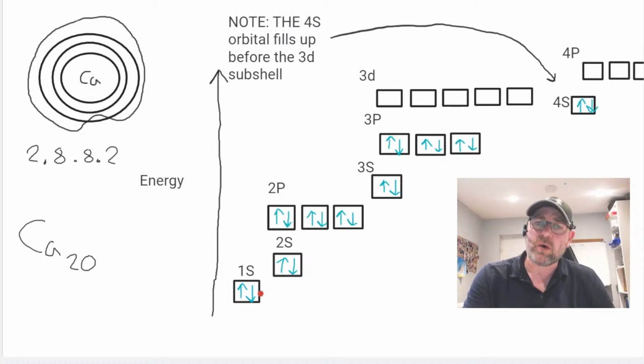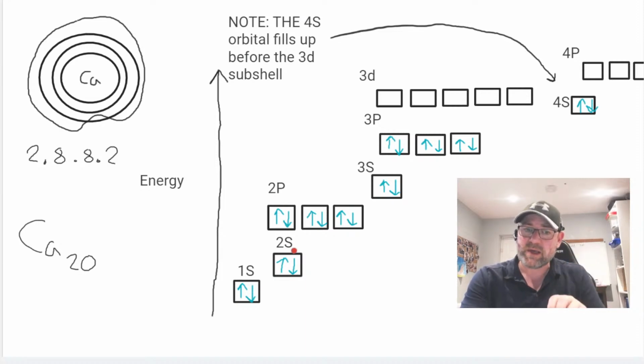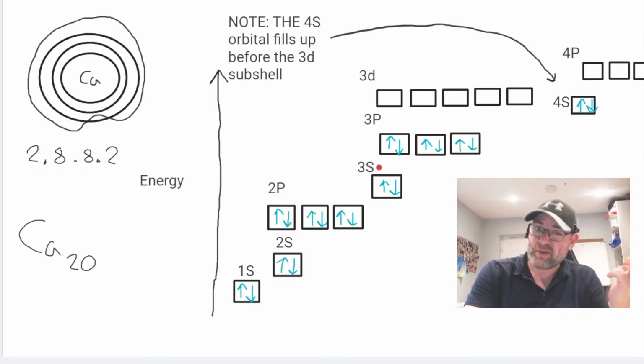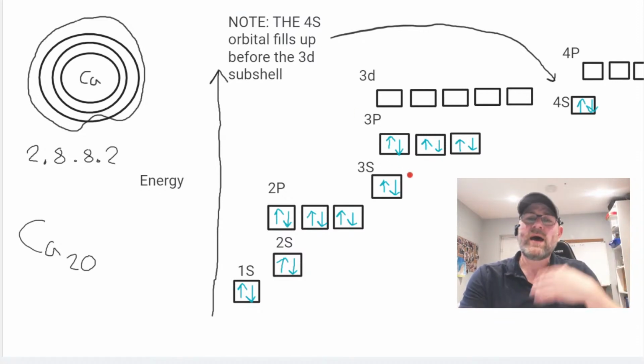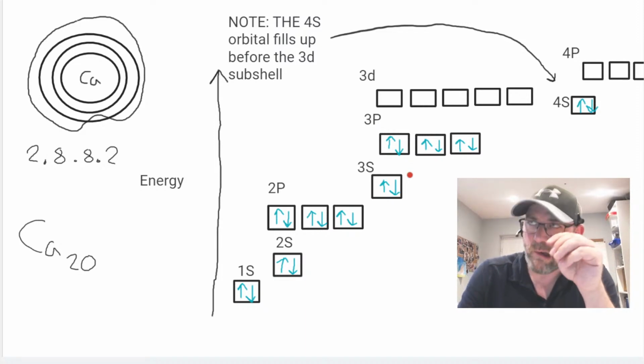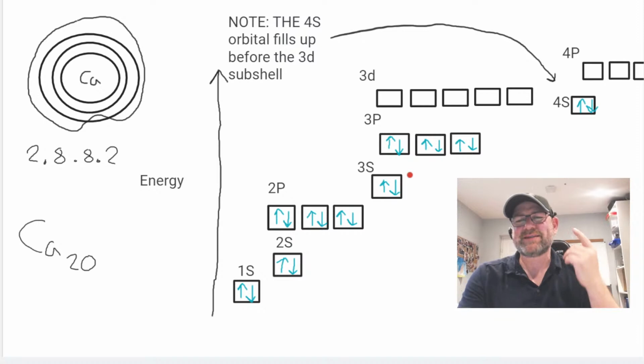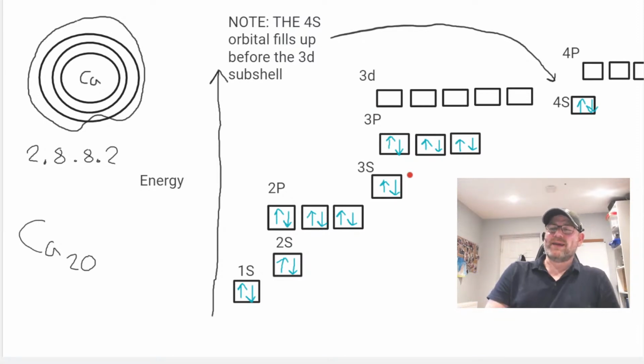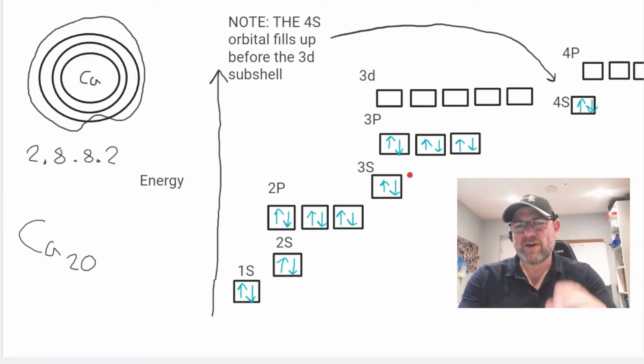So in shell 1, there's only one subshell. In shell 2, there are 2 subshells, which is 2s and 2p. In shell 3, there are 3 subshells, hence the number 3: 3s, 3p, 3d. And in the 4th energy level, there are 4 subshells, s, p, d, and f. Cool. Right.